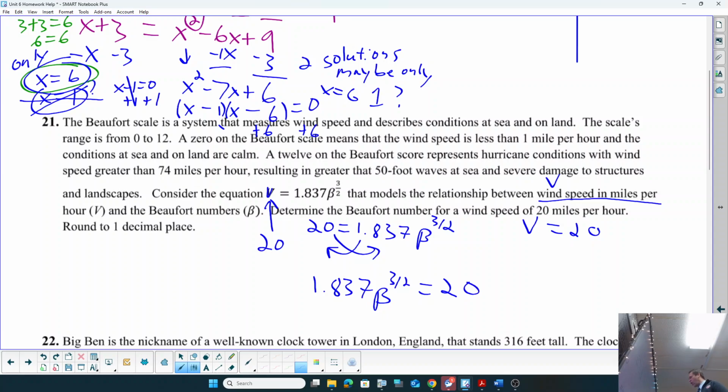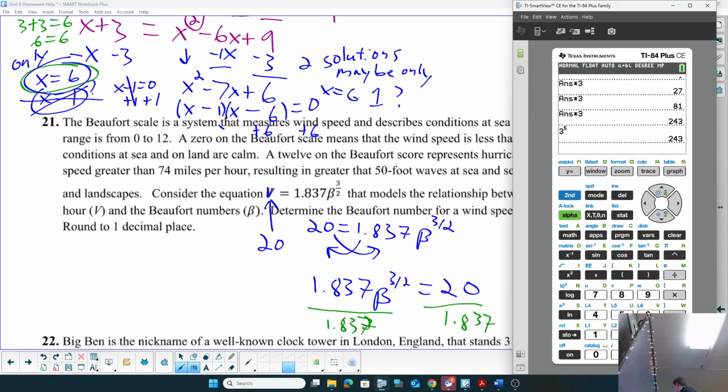We want to solve for Beaufort, so we've got to get it by itself first. We divide by 1.837.